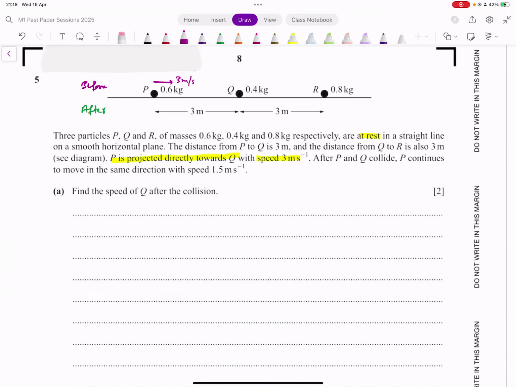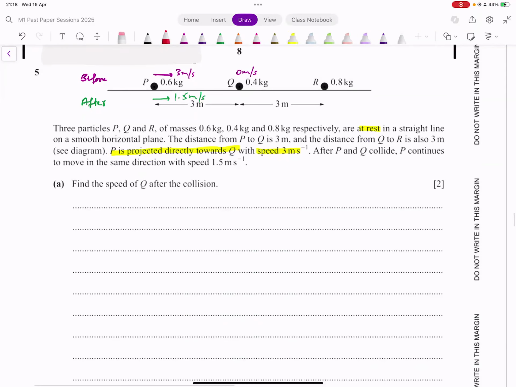Before collision, P was moving at 3 meters per second to the right. Q was at rest at 0 meters per second. After collision, P continues to move in the right direction, but at a speed of 1.5 meters per second. Find the speed of Q after this collision.